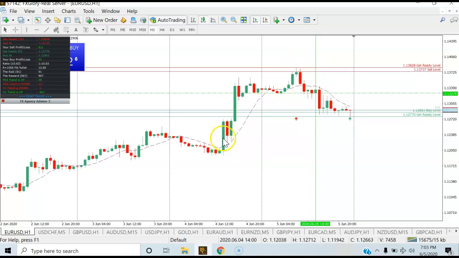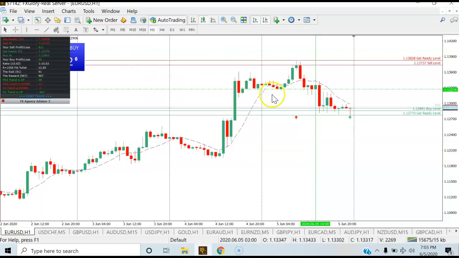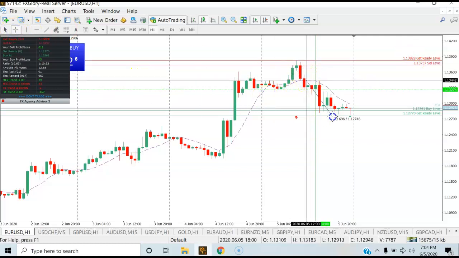So the market rallied yesterday, went up, and then around the non-farm payroll release, it gave us a nice evening star. The advisory indicator is giving us a sell signal, and this thing went all the way down to the support.